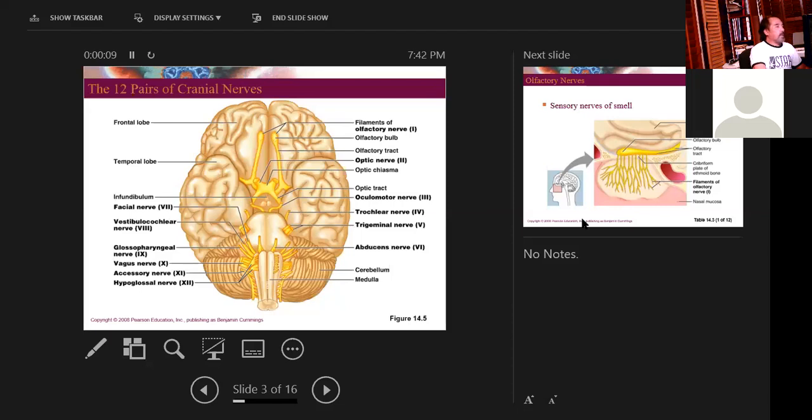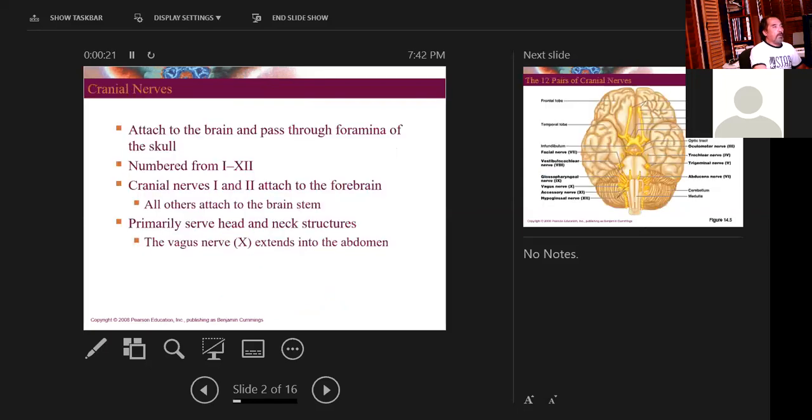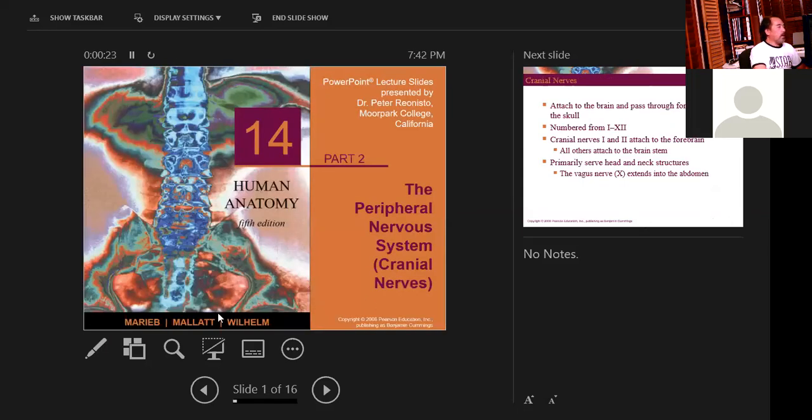Okay. All right, so what we have right now is the cranial nerves. Let's start here. Remember, this is now the peripheral nervous system. We're not in the CNS anymore.